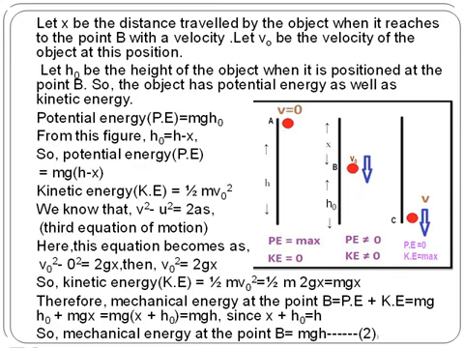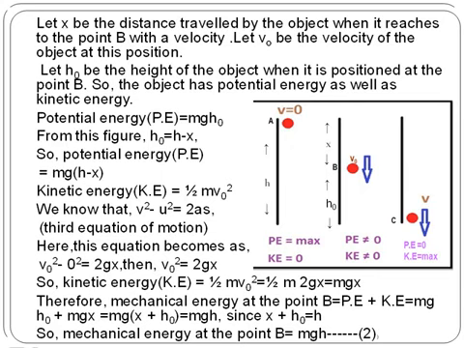Then, what is the mechanical energy at the point B? It is equal to Pe plus Ke is equal to mgh0 plus mgx. mg is common, then it is written as mg into (x plus h0).